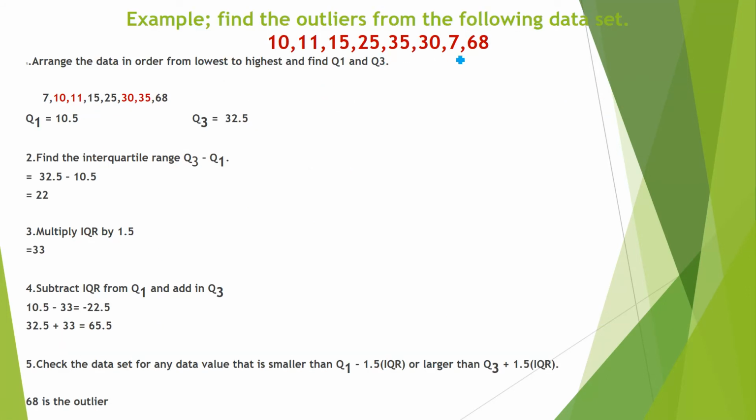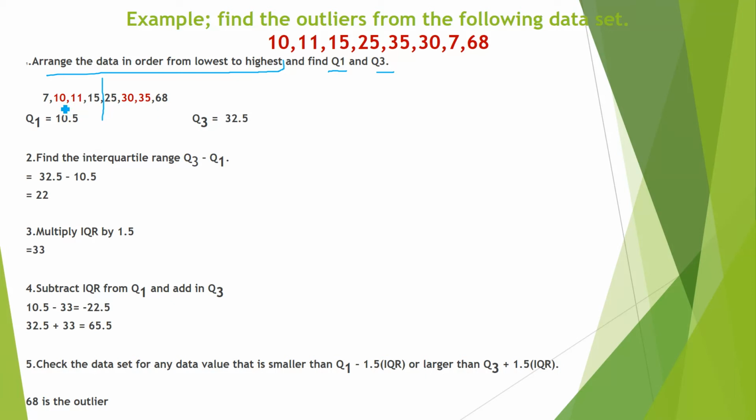So this is our data set and you have to find out the outlier from this data set by using the 5 steps. The first step is to arrange the data in order from lowest to highest. So I did it: 7, 10, 11, 15 and so on. And find the Q1 and Q3. So Q1 is quartile 1, Q3 is quartile 3. How do you calculate? Divide your data into 2 equal parts. So see, these are 2 equal parts: 1, 2, 3, 4, 4 elements here, 1, 2, 3, 4, 4 elements here.